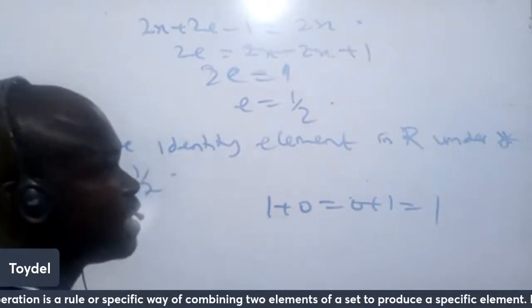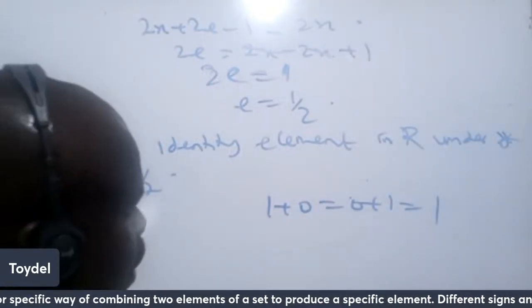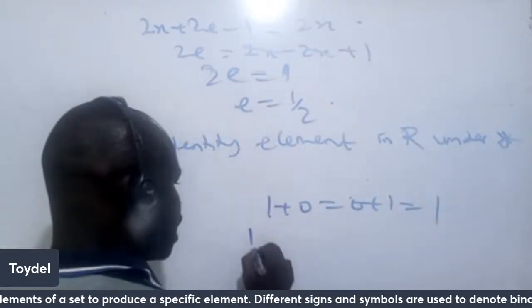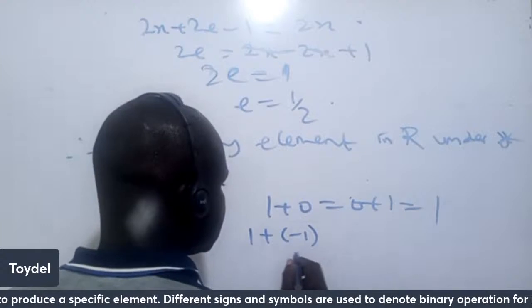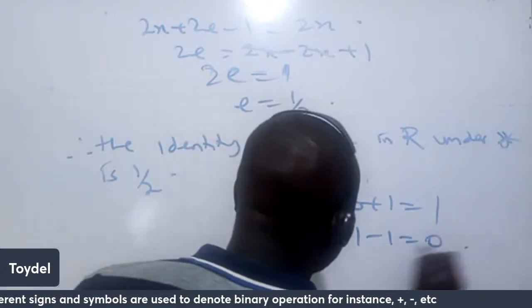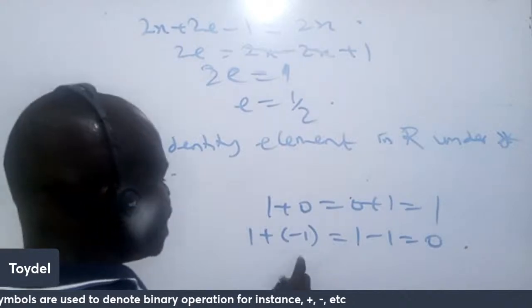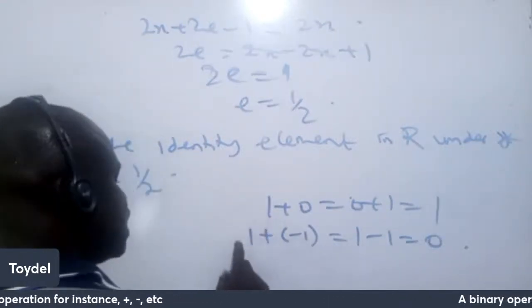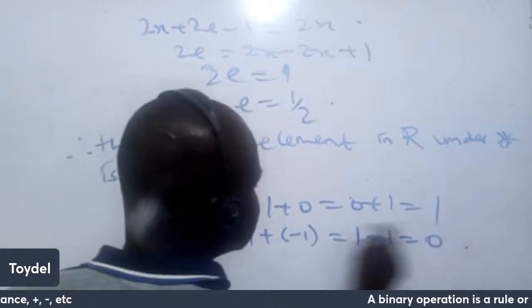That is, the inverse element is the element that you operate with what you are given to get the identity element. Here I can say 1 plus minus 1. What would that give me? That would be 1 minus 1, which is 0. So the inverse element is the element that you operate with the given element to get the identity element.